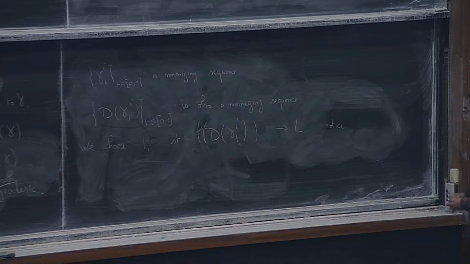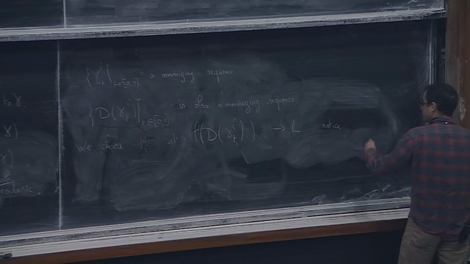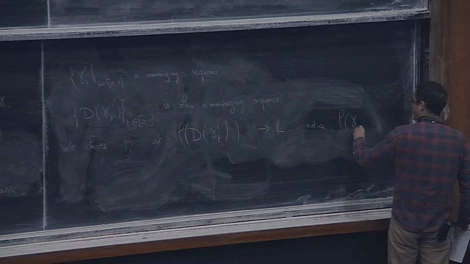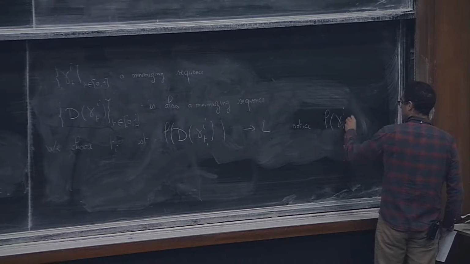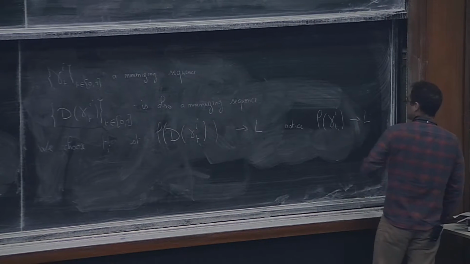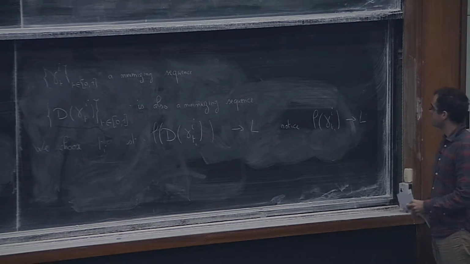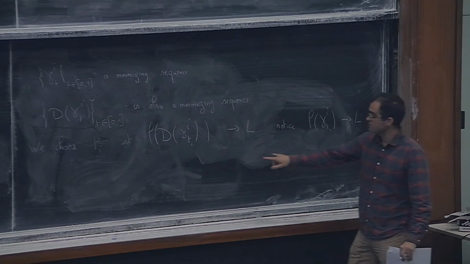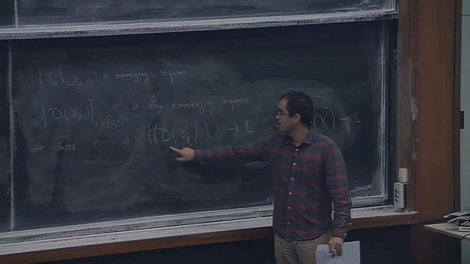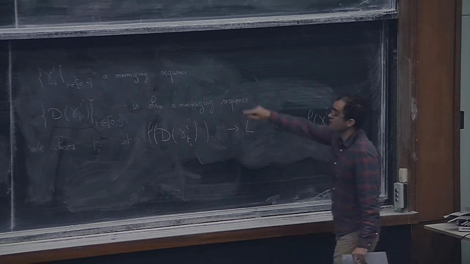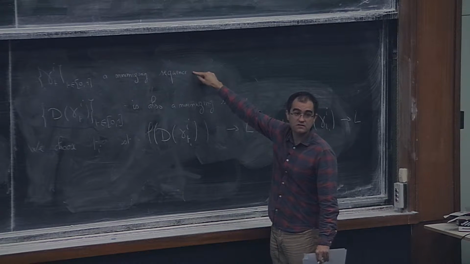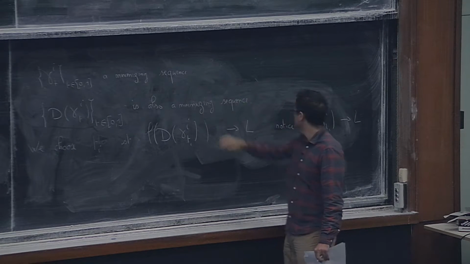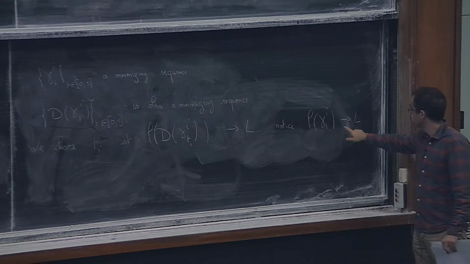Okay, and one thing that you can notice also is that the length of gamma_i,t_i also goes to L, because this length is larger than this one, and it's less than something that goes to L, because it's a minimizing sequence. So you also have this.